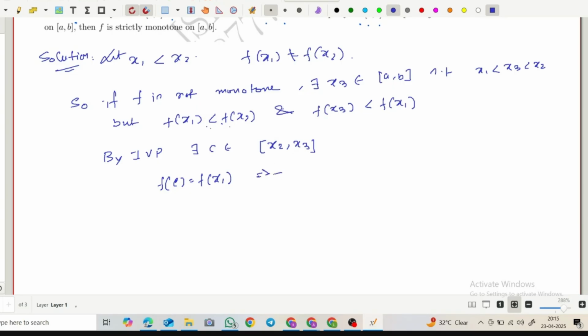So you see, this contradicts the injectivity, right? Because x1 is here, x2 is there, x3 is somewhere here, and C is here. So that contradicts the injectivity.